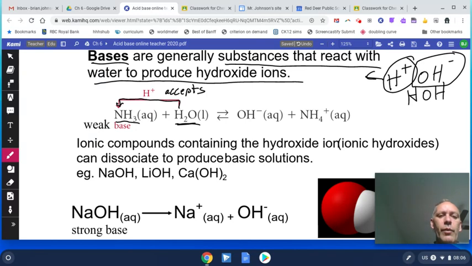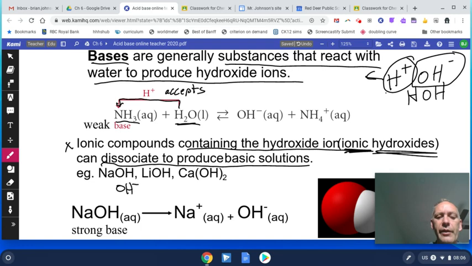That's one group. The other group is ionic compounds that already contain hydroxide ions. We call them ionic hydroxides. They simply dissociate or break apart and give us the OH- that was already there. And calcium hydroxide gives us two OH-.